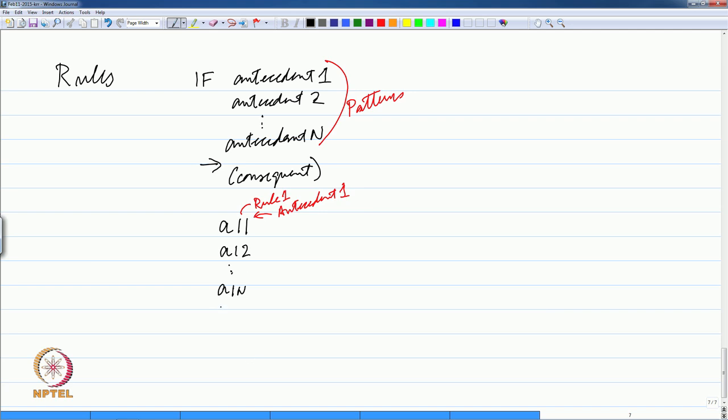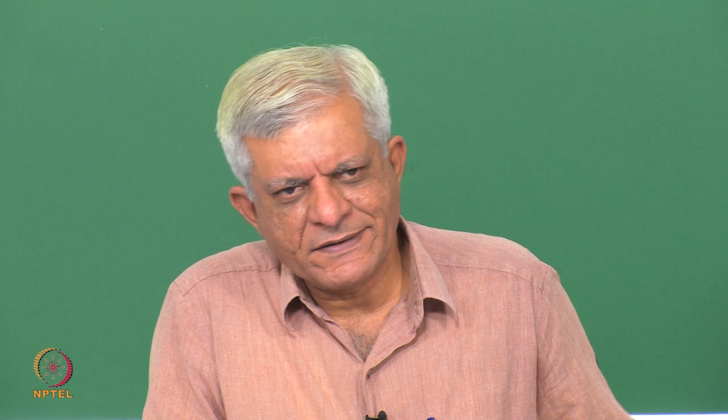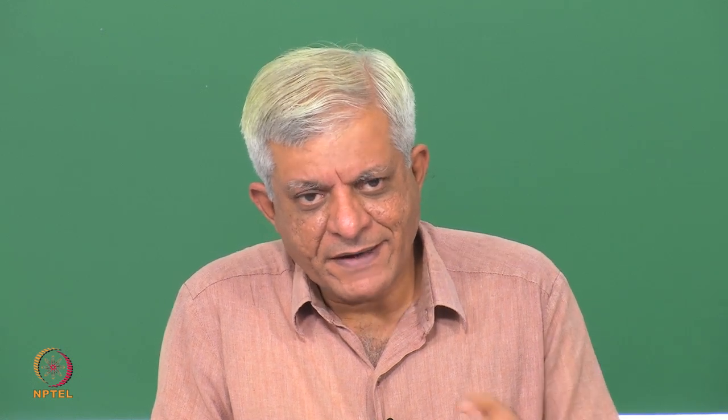Then I will have A21 and so on, A2r, let us say it has got r antecedents, and then so on and so forth essentially. So, for every rule I will have a certain number of antecedents. So, I will have a whole list of patterns that I am trying to match essentially.